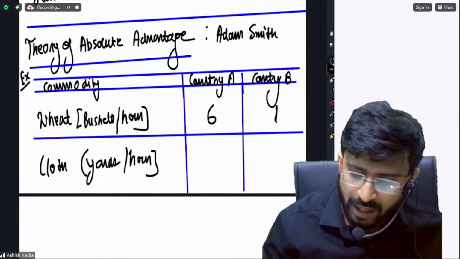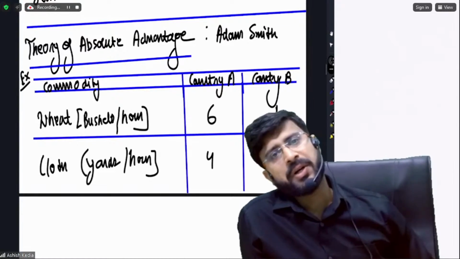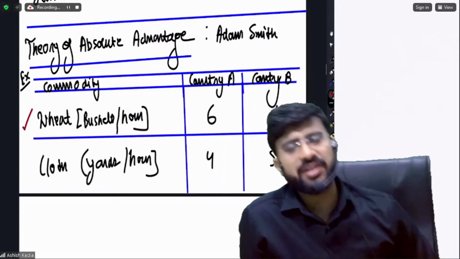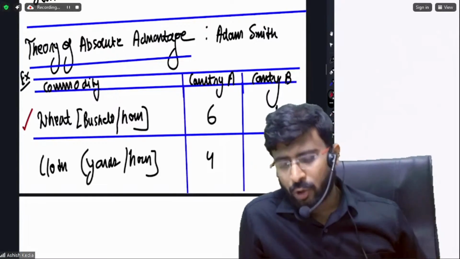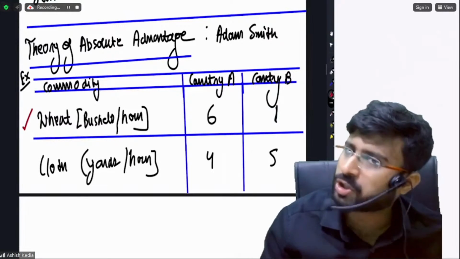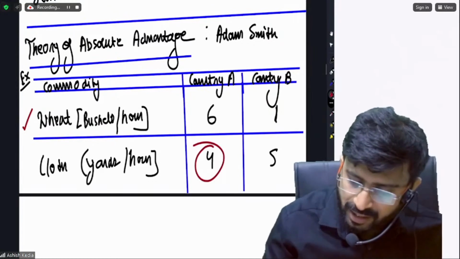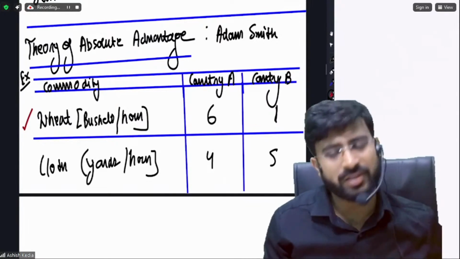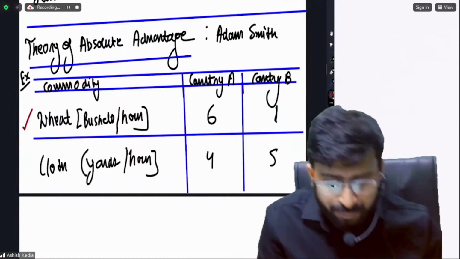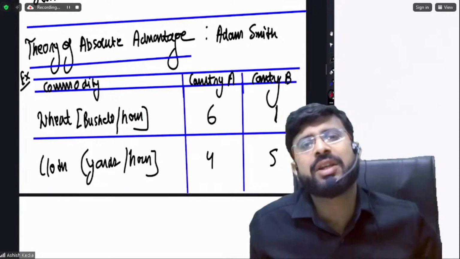Country A can produce 4 yards per hour of labor, while country B can produce 5 yards per hour. Now, as far as wheat production is concerned, which country is better? Country A can produce 6 bushels per hour, country B 1, while for cloth country A can produce 4 yards per hour and country B 5. So tell me, who is better in producing wheat?